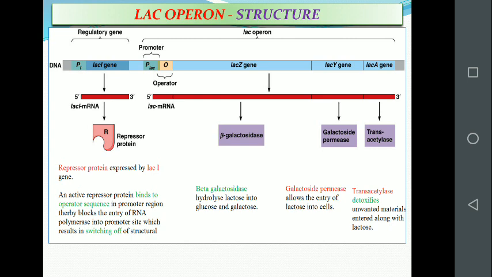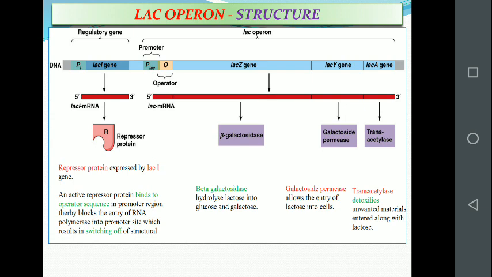That means the genes are almost in switched off form, but lactose increases the expression rate. The rate of the expression is increased by the presence of lactose. If there is no lactose, then the rate of the expression of these structural genes will gradually come down to almost zero, not completely zero.